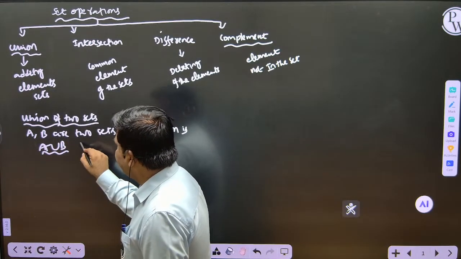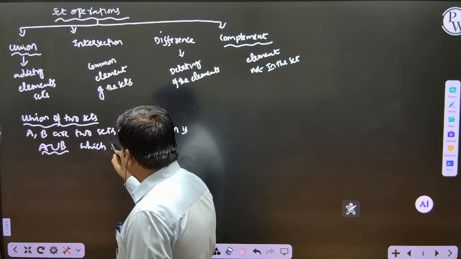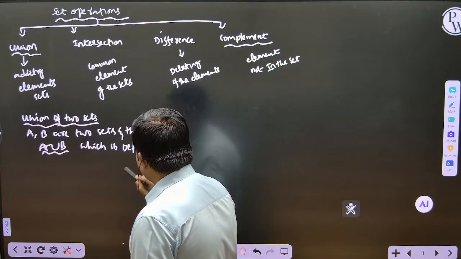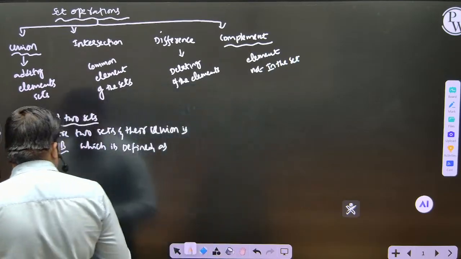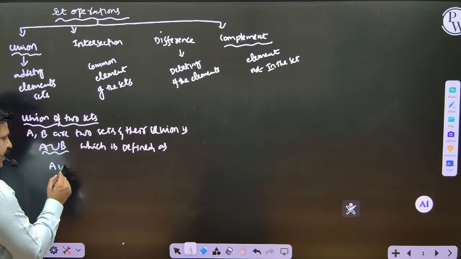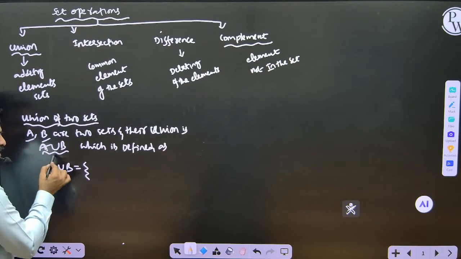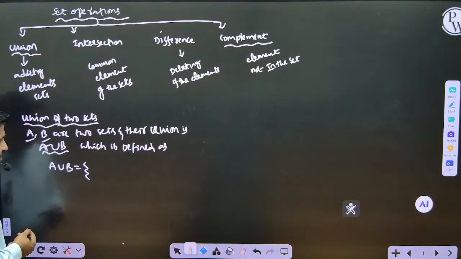A is a set and B is also a set, so their union is also a set.